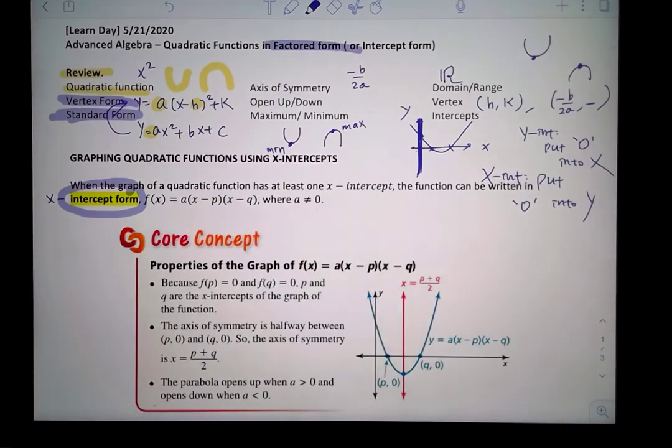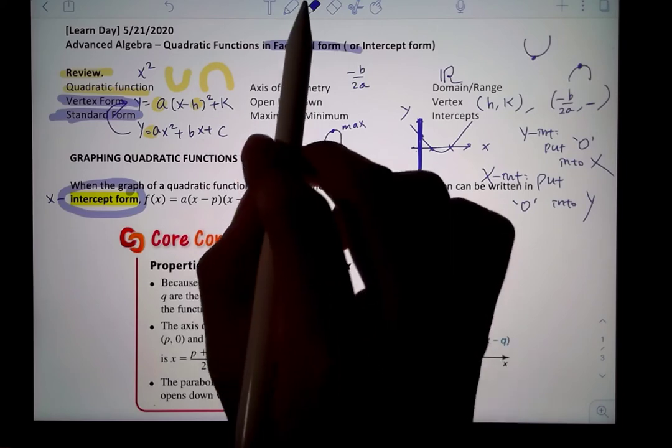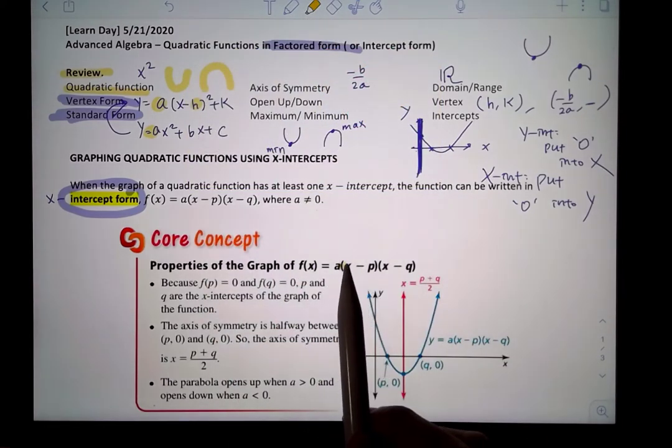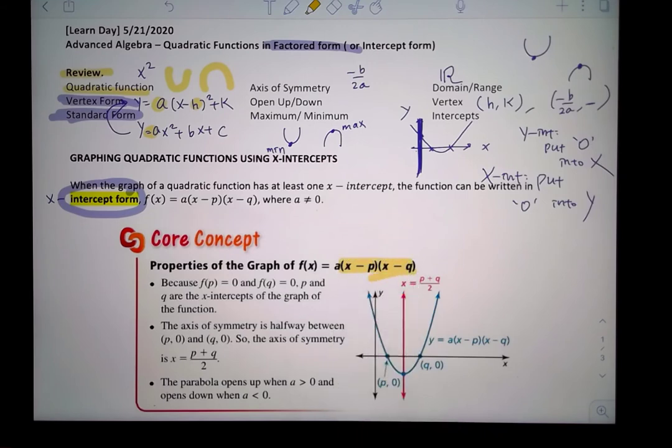We learned about factoring, right? From the quadratic expression, you know how to factor the trinomial, and when you factor it, it looks like this. So we will graph from this kind of form.